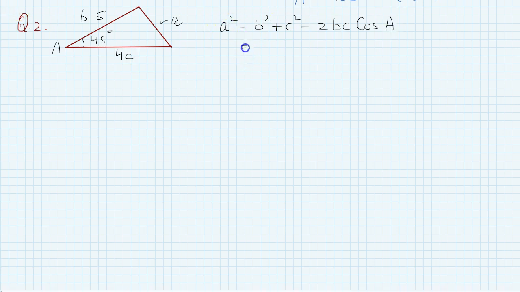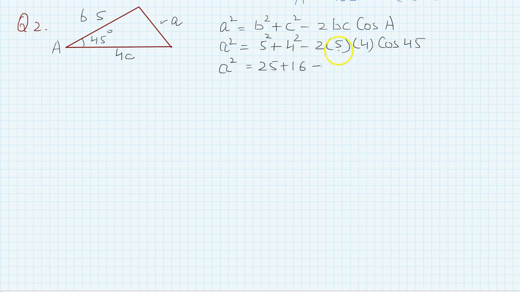We have to calculate a. b square is 5 square plus c square is 4 square minus 2, b is 5, c is 4 and cos 45. So a square will be 25 plus 16 minus 40 cos 45.